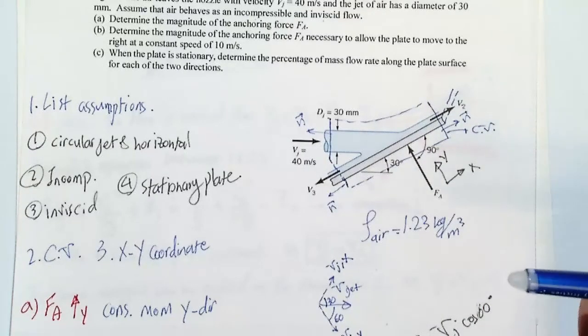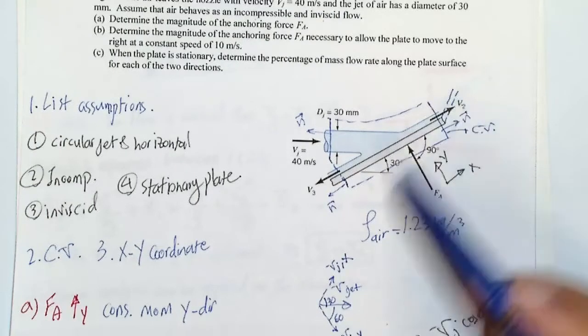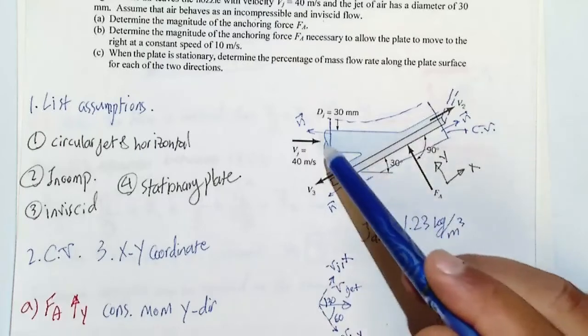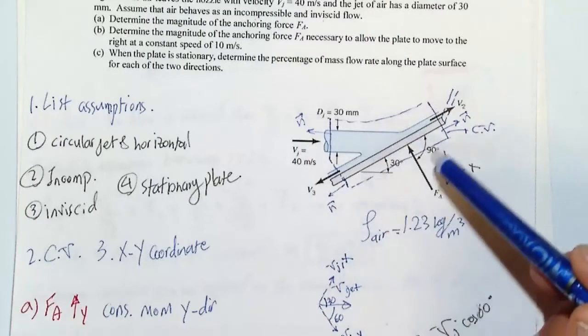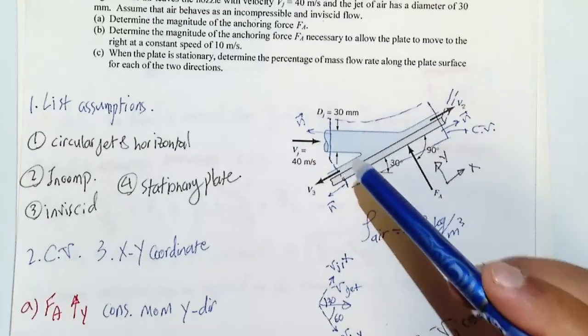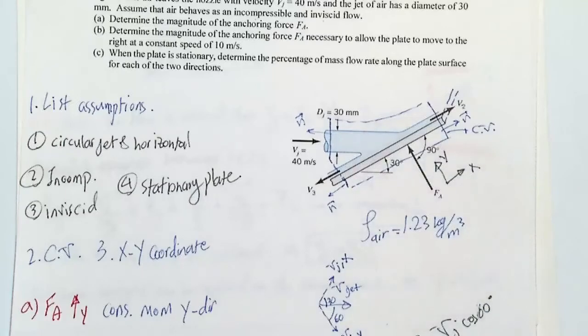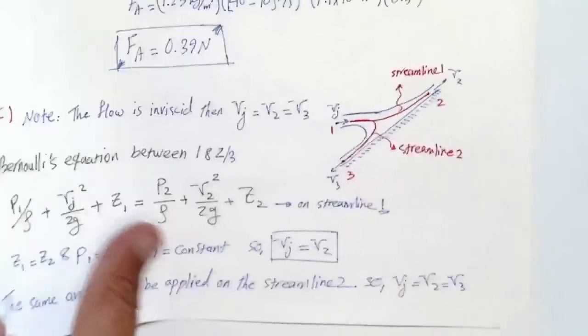Okay. Now you can apply conservation of mass, and since you brought down the number of unknowns, because you ignore that V2 and V3 are different, and based on the assumptions you found that V2 and V3 are equal to Vj, then you can apply conservation of mass, and it's enough for you to find the percentage.